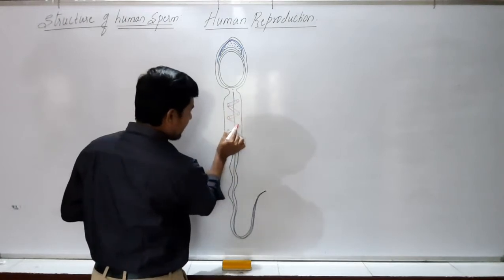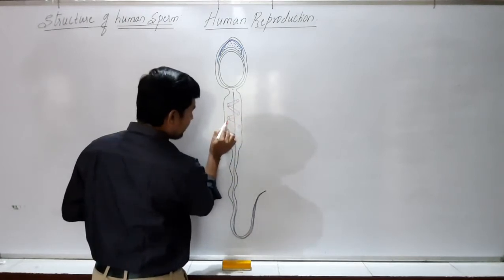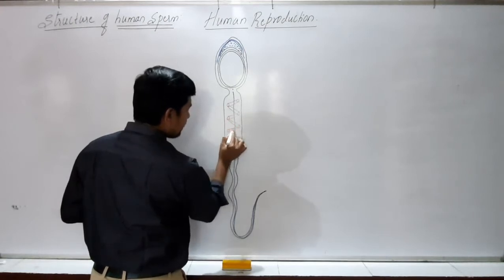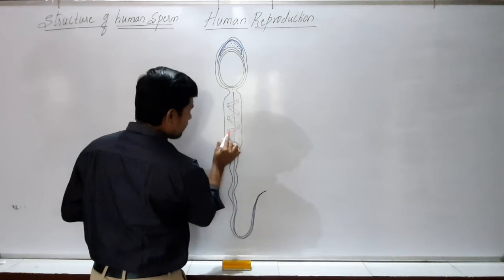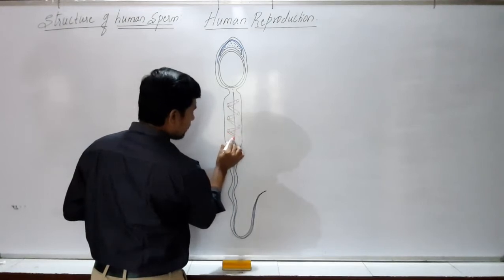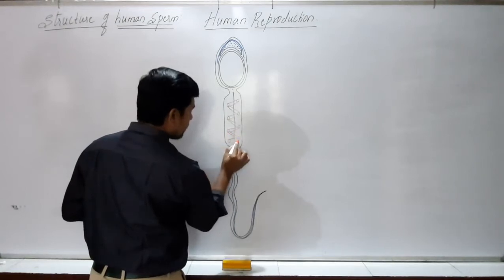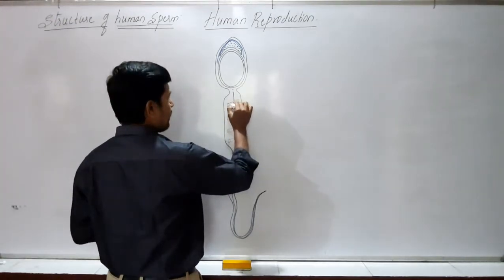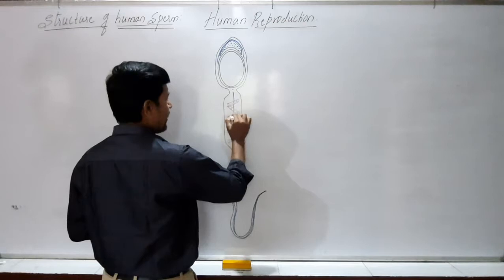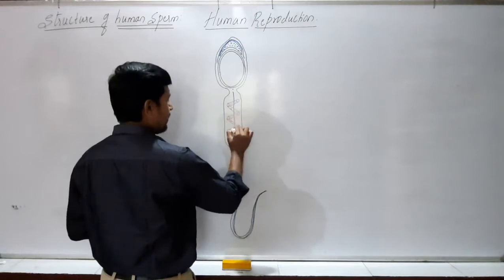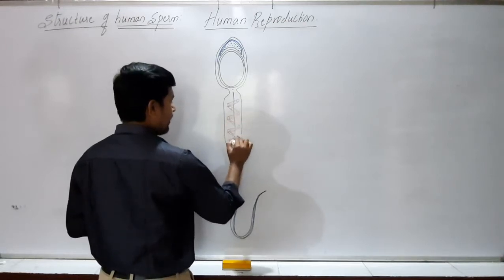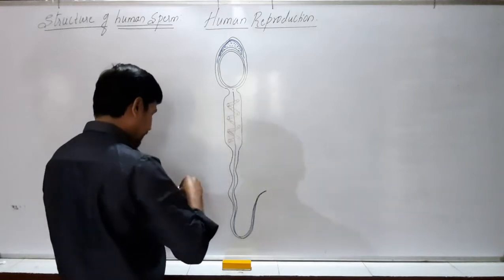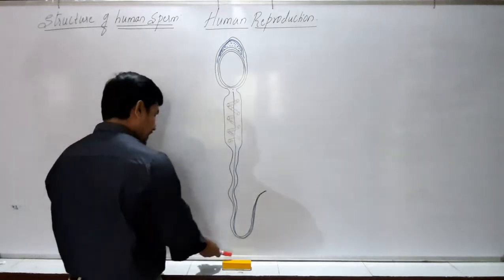Mitochondria is present at the middle piece. So this is the mitochondria, where we can see it in the middle part.